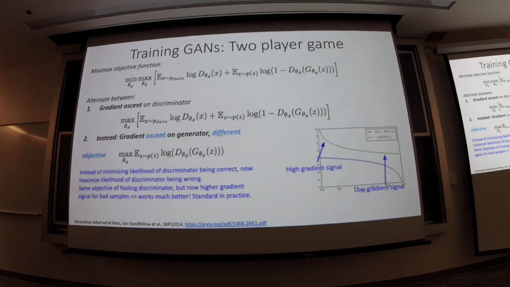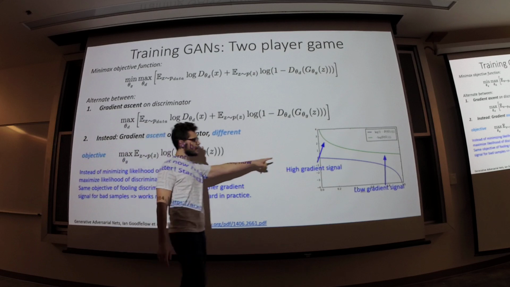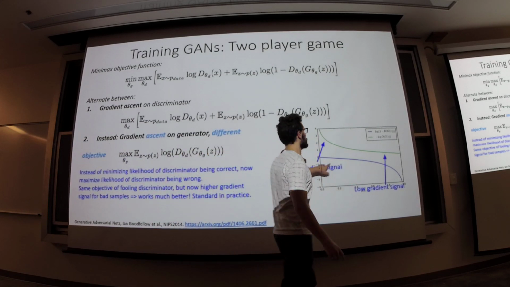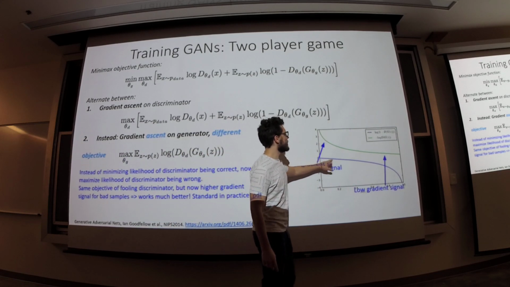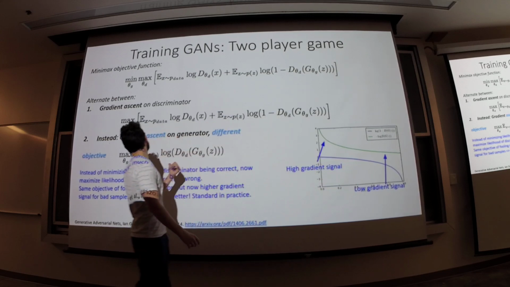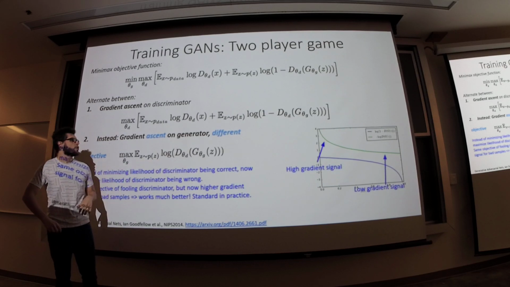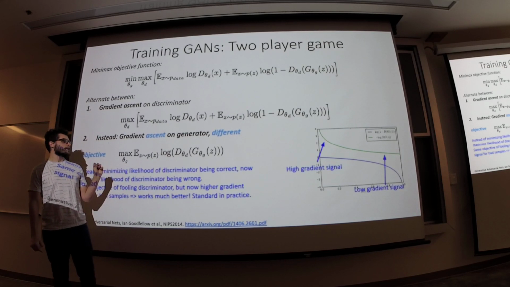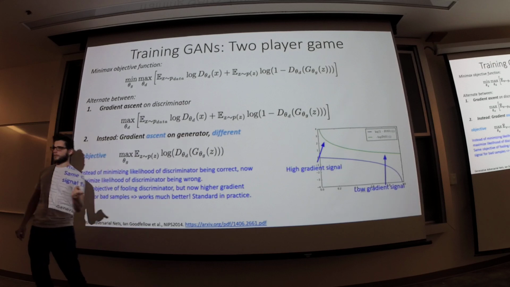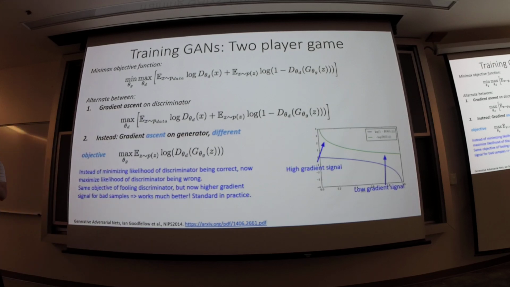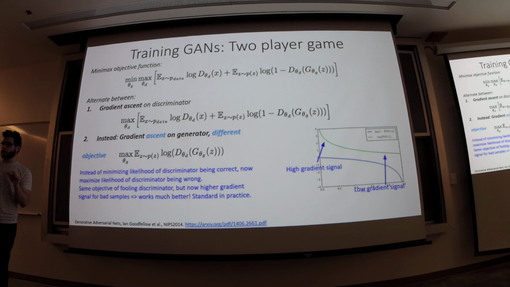So rather than using this loss, rather than minimizing this loss, we want to actually maximize this other loss, so log of D(G(z)). It's just a difference in philosophy, but the effect will be the same.